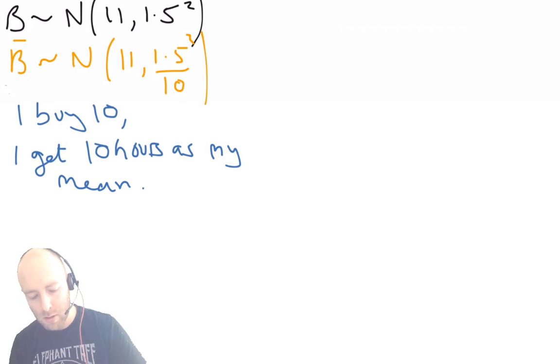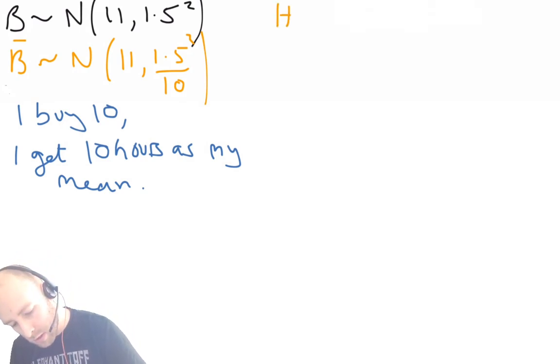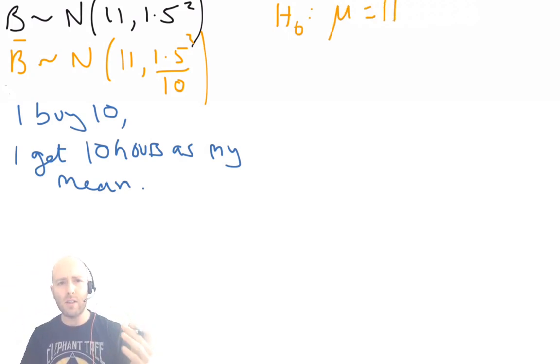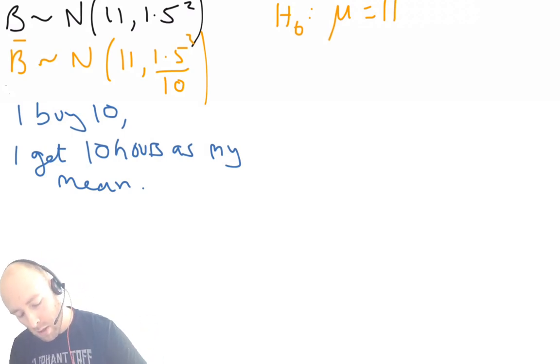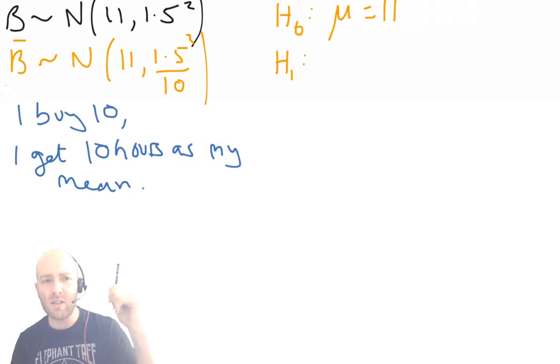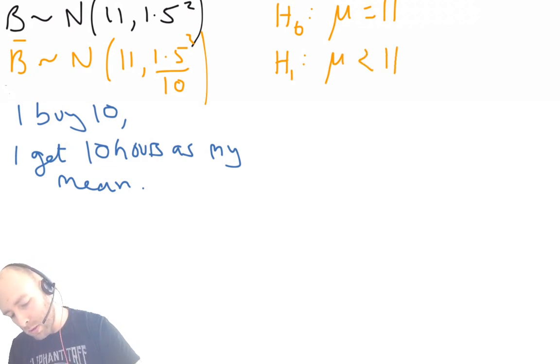So my null hypothesis is that the mean is 11. Null hypothesis, nothing has changed, same as it was in binomial hypothesis testing. The null hypothesis is that the mean is as they've stated. The alternate hypothesis, well, I think it's less because I got 10 hours, so I'm going to test is the mean less than 11. So we're looking at a one-tailed test.